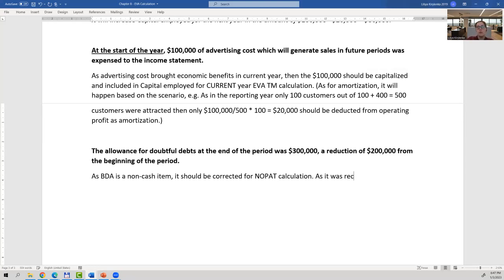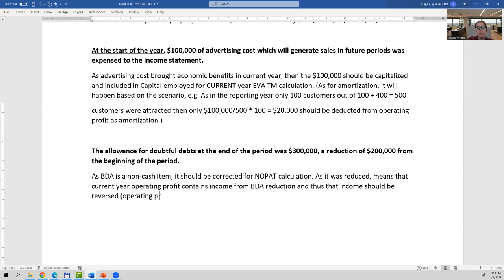As it was reduced, it means that current year operating profit contains income from bad debt allowance reduction, and that income should be reversed. Reversed means that operating profit should be decreased in NOPAT calculation.